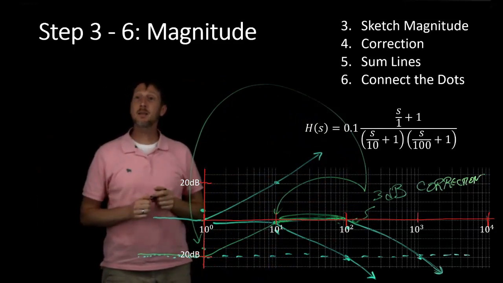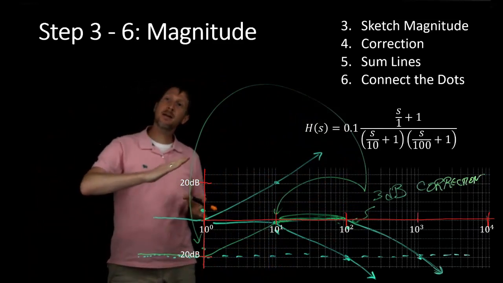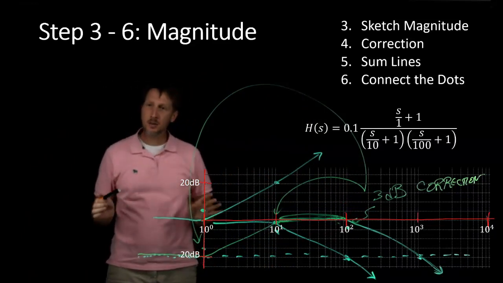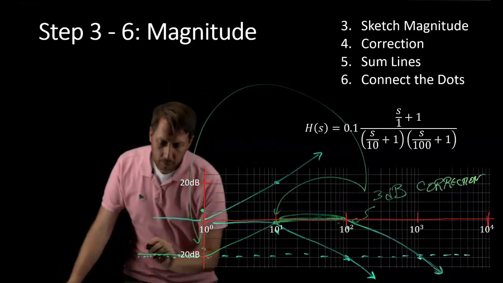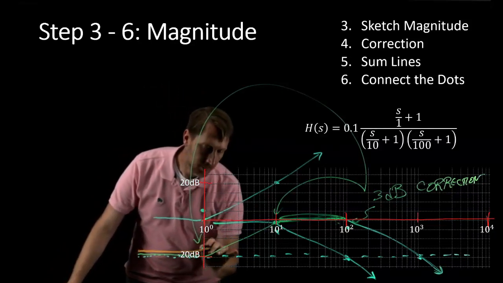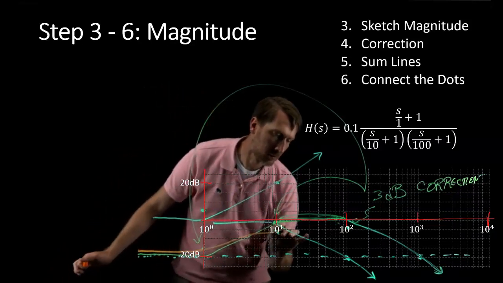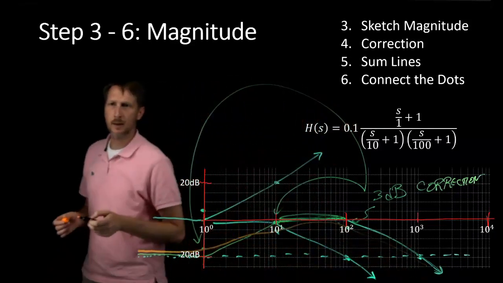Now we connect the dots. We go along those asymptotes and make a smooth line transition into all of these 3 dB correction points. So when we do that, what it looks like is it goes up to here and goes over to there like that.